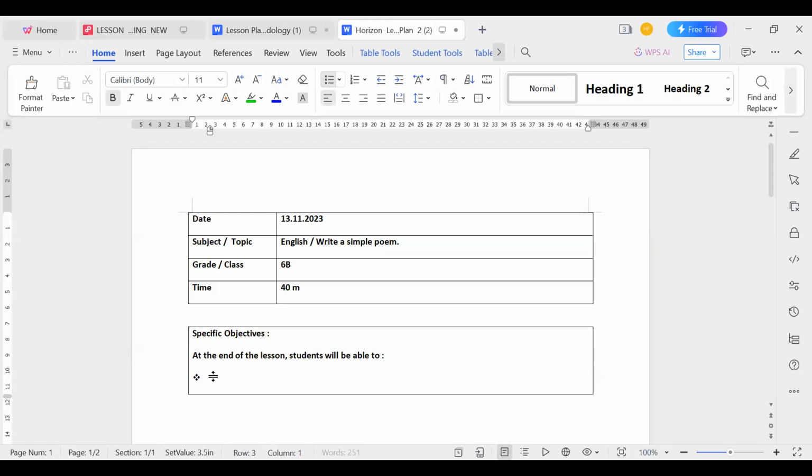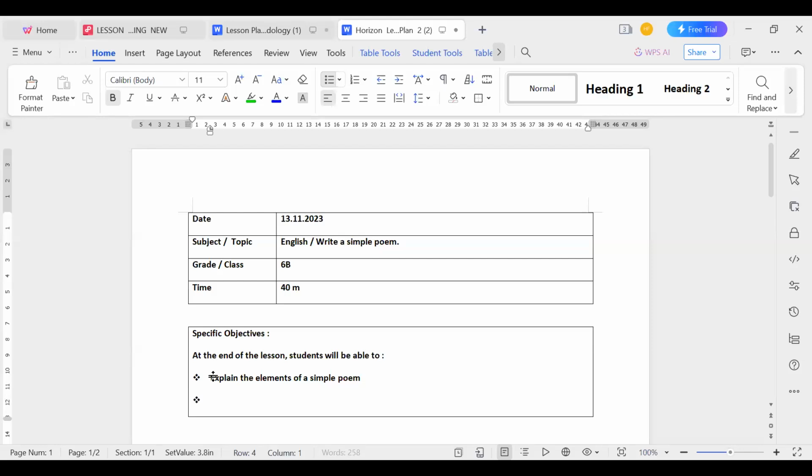The first one is, explain the elements of a simple poem. Explain the elements of a simple poem. When writing a simple poem, you can use adjectives, like that. You understand? You're going to lead a discussion after the first activity.